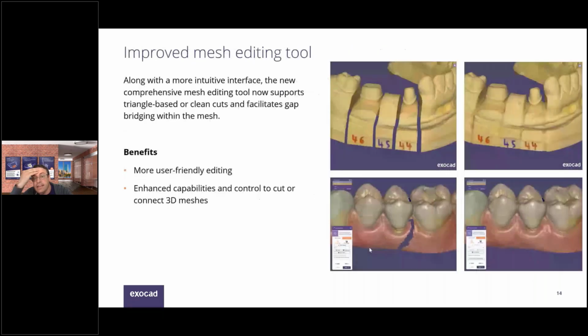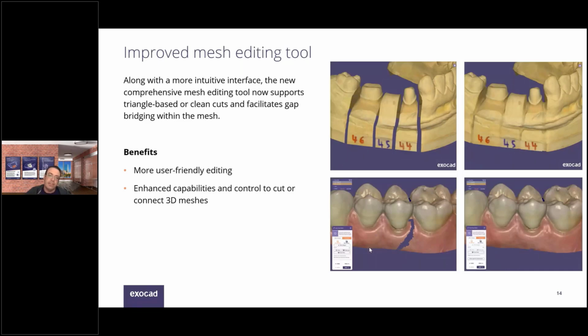Improved mesh editing. For the mesh edit tool, we've added some features and adjusted the user interface a little bit to make things easier to access. We also added the capability of mesh bridging, meaning that you can fill in gaps where it's not a completely enclosed hole in the mesh.